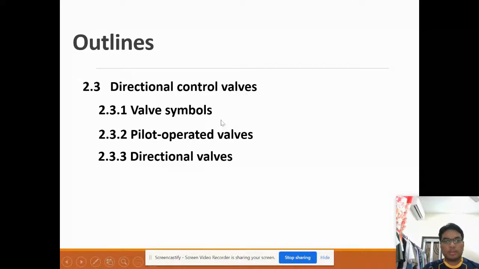Inside this section there will be the valve symbols, the details of the various valve symbols that can be used in pneumatic and hydraulic actuators. The second one is the pilot operated valve, which can assist strong systems. And finally, the directional valve.